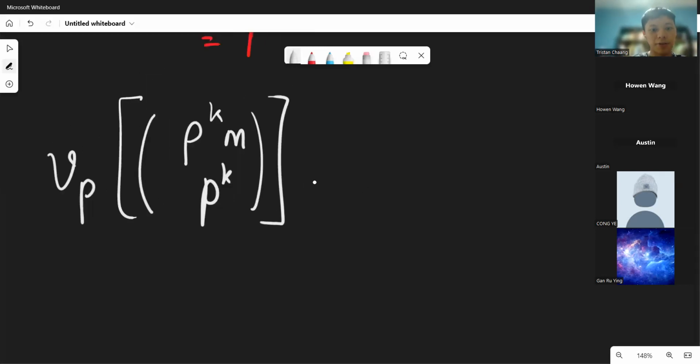But how do we look at the vp of a binomial expression? The thing is, we already know the formula for the vp of a factorial. And a binomial coefficient is just a bunch of factorials.